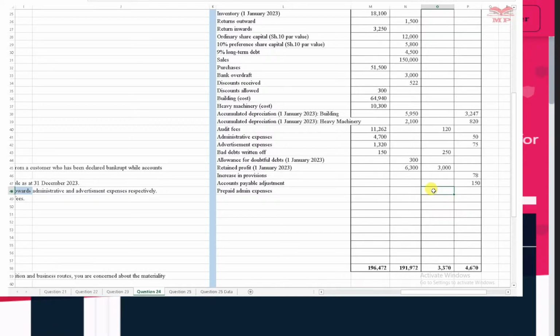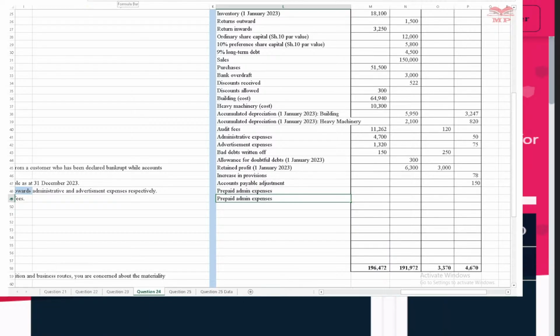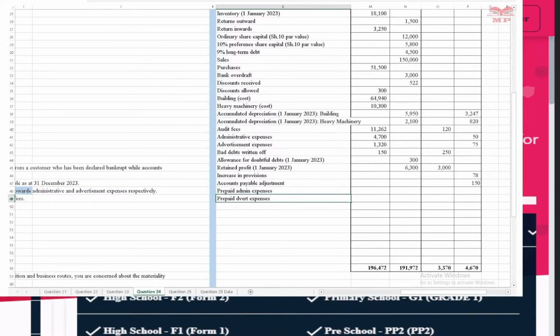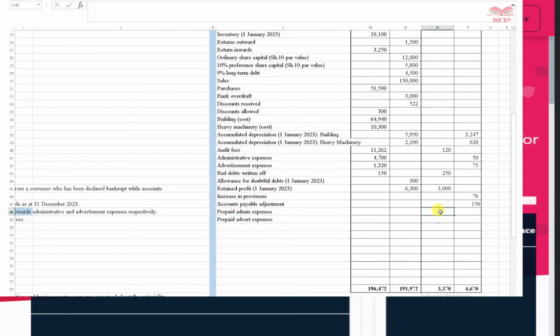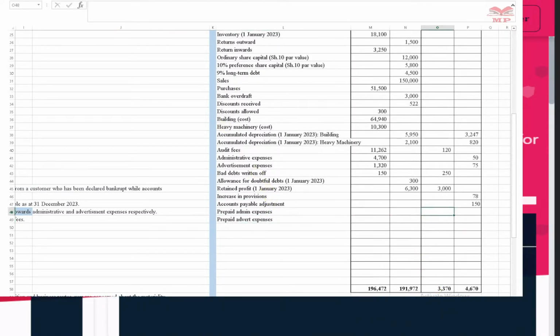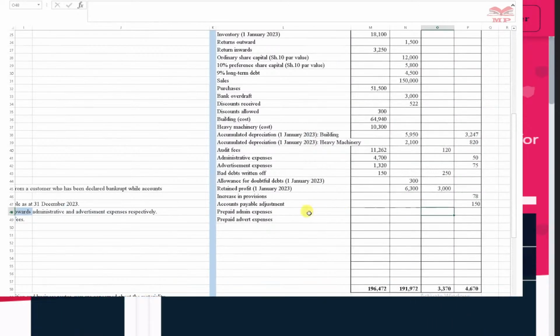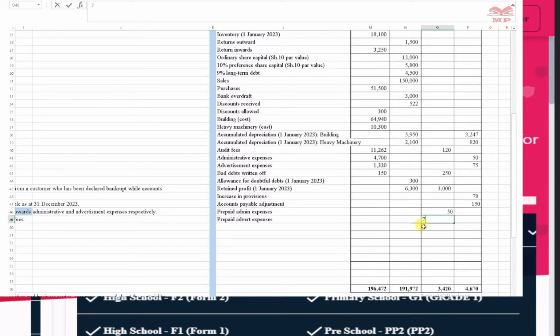So we're saying prepaid admin expenses, and then we also have prepaid advertisement expenses. So you can just change this to advert expenses. And here we come up with the figures. Let's identify the figures right here, please. We'll talk about 50 and 75. So the 50, we put over here, and here we're putting the 75, like so.